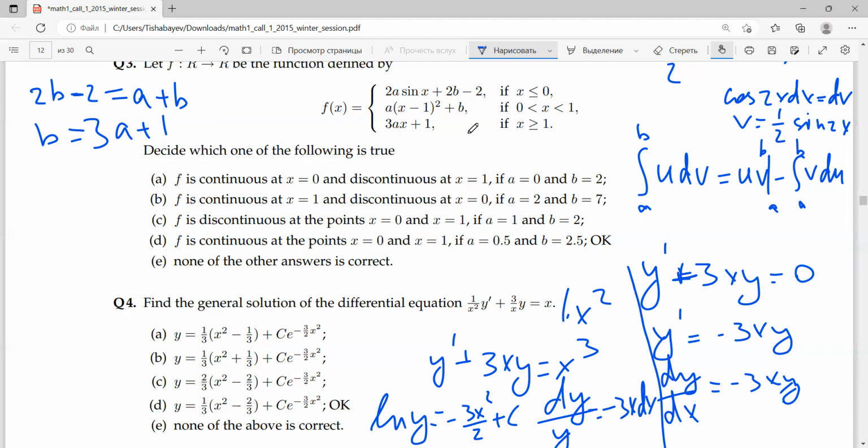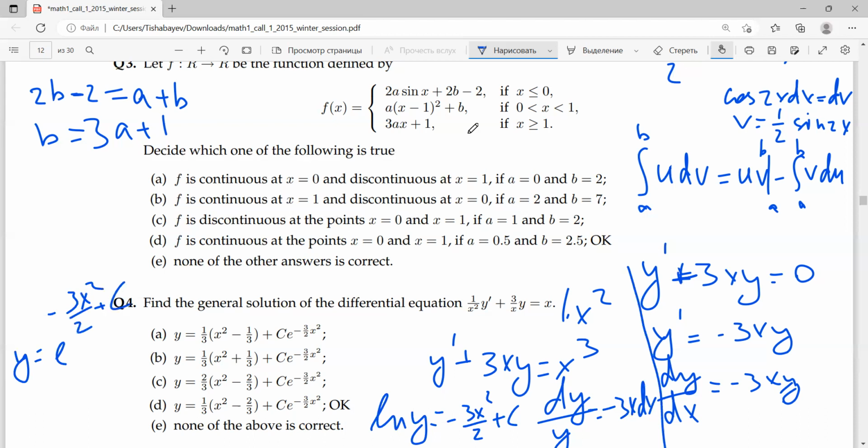And now to define y, what should we do? y equals e to the power of minus 3x squared divided by 2 plus a constant.